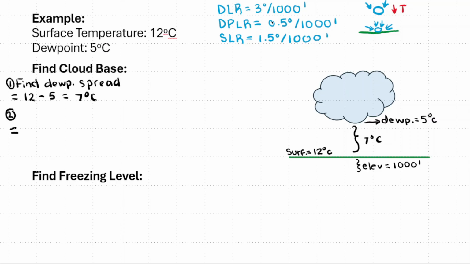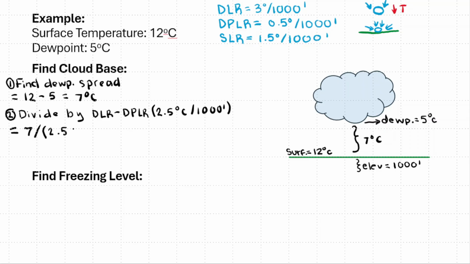So you would get 2.5 degrees per 1,000 feet. Okay, so if we were trying to make this a little more accurate, we would be dividing it by 2.5 degrees per 1,000 feet. We divide 7 degrees by 2.5 divided by 1,000, because that is the lapse rate, correct?